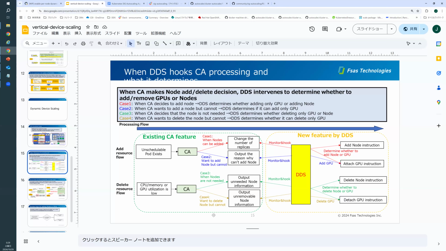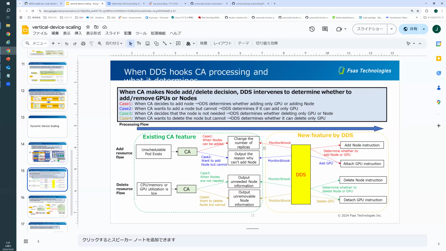So I think this approach of anticipating, not intercepting, the scale up decisions is going to be tricky, and you need to re-implement some of the cluster autoscaler logic to verify that it indeed makes sense to resize an existing node.